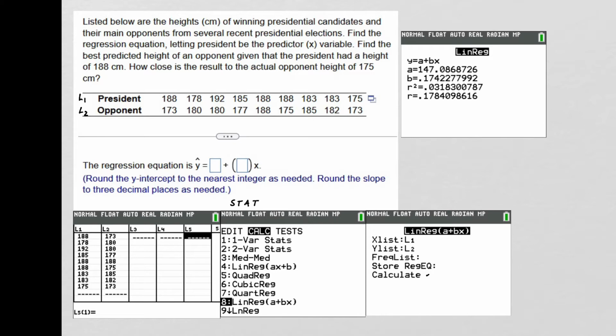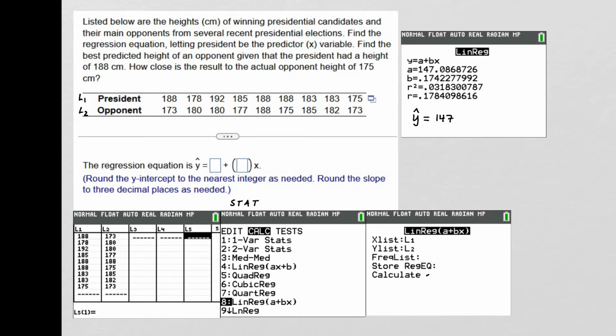So for now, we're looking for the regression equation. So that's going to be y hat equals 147.